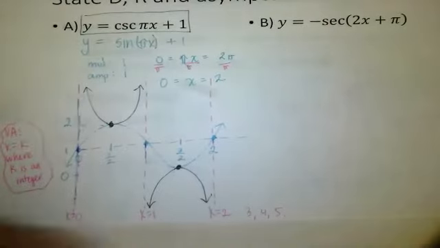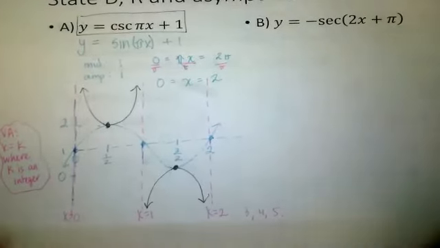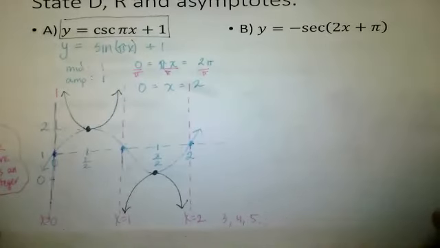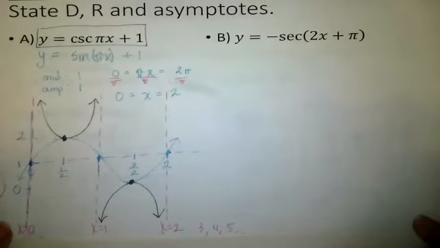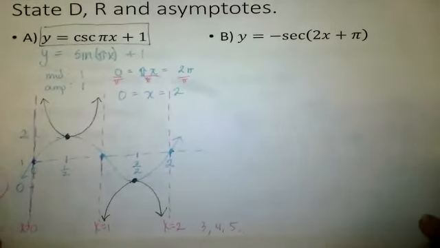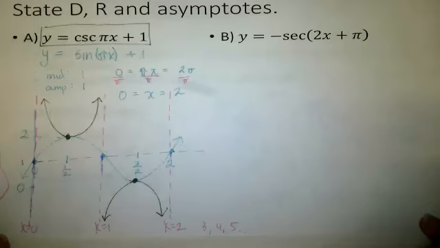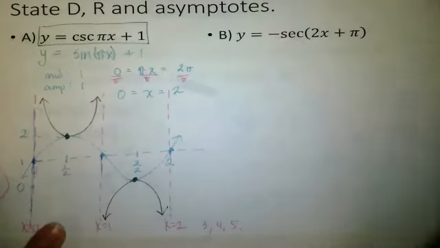All right, so now let's look at the second one. y equals negative secant of 2x plus pi. What are we going to graph instead? Cosine.